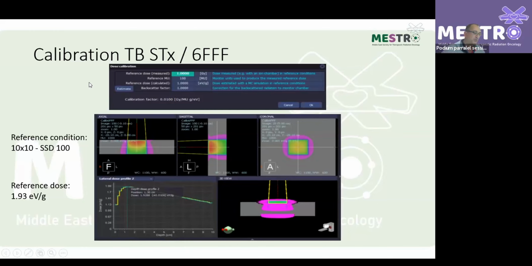I want to show you how to calibrate the TrueBeam STX for 6 FFF. The first thing is to import the phase space for TrueBeam STX in 6 FFF. After that, we can run a simulation on the reference condition: SSD 100, field 10 by 10, and water phantom. When the simulation is carried out, we get a PDD here, and we look at the max value of dose, which is equal to 1.93 electron volt per gram.